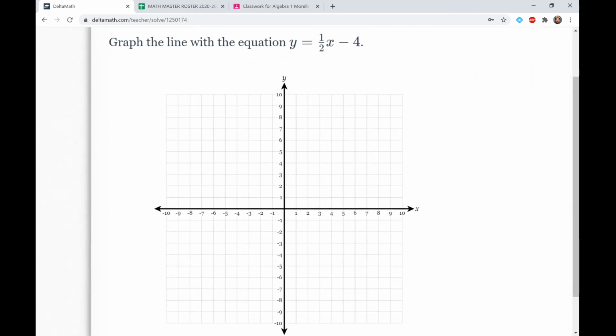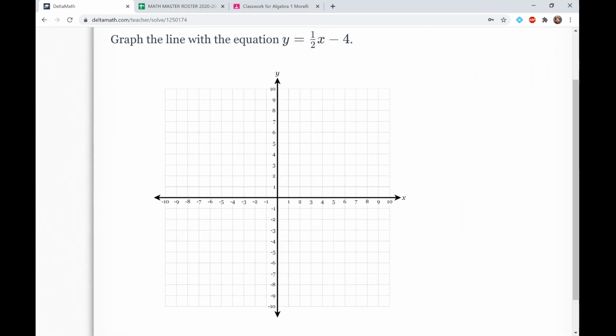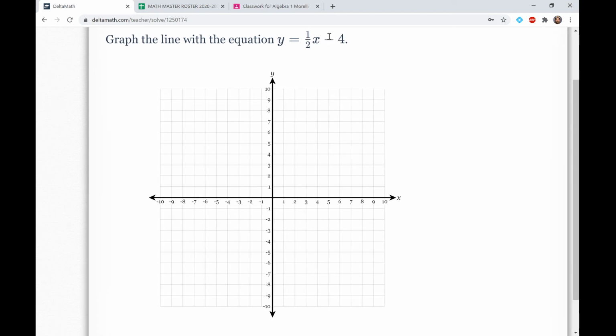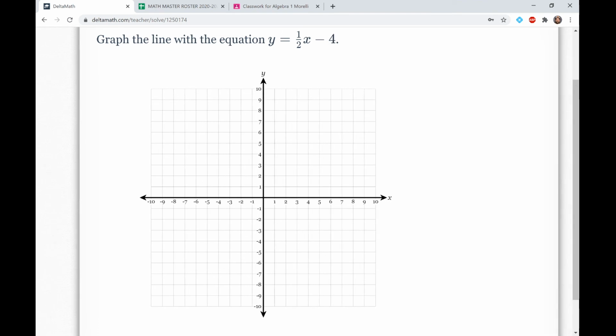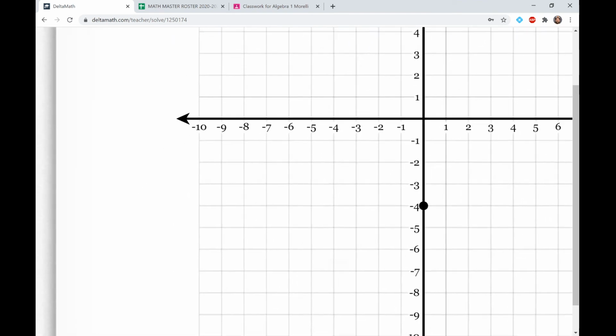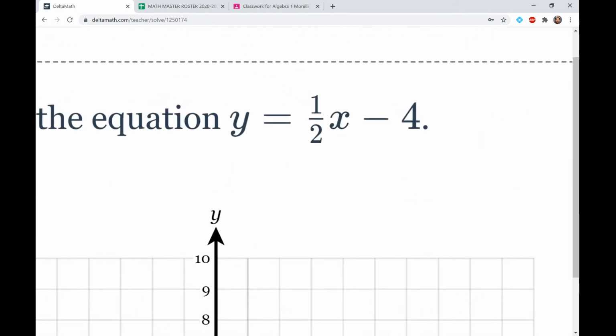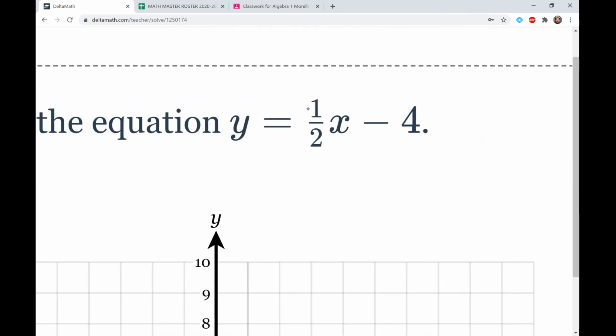1/2 x minus 4. Well, I think we can just start doing problems now. We know that the y-intercept is at negative 4. I just want to point out that you have to keep the sign with its number. So you go to negative 4, put a dot. Now look at that number in front of x: 1 over 2.